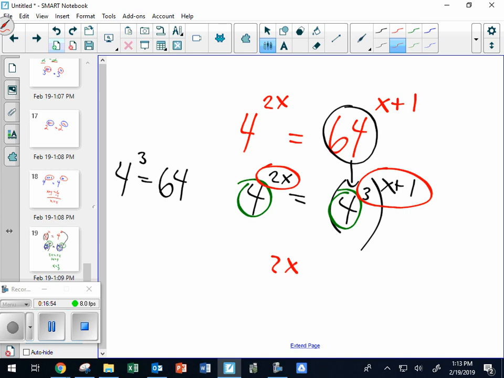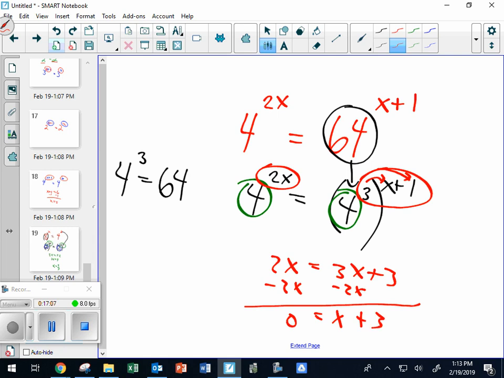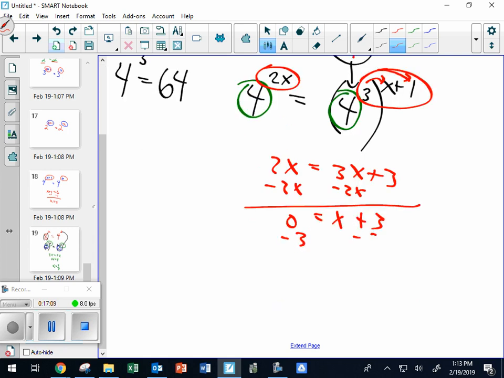So 2x equals 3x plus 3. Notice me having to distribute that. And then I can subtract 2x from both sides. Then I can subtract 3 from both sides. And boom, there it is. Raise your hand if you had -3 before I got there. All right, I got most of the class on that one.